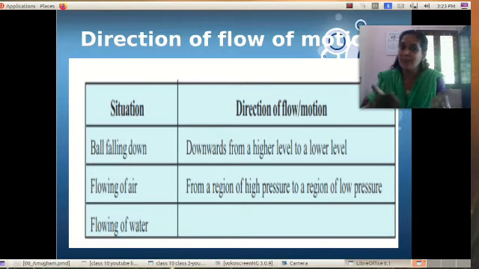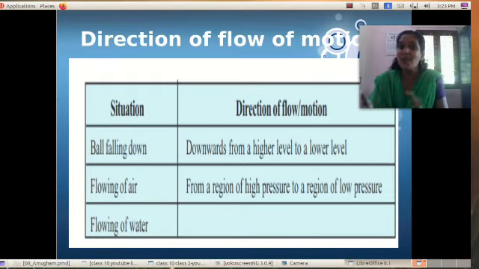When the ball falls down, it moves from a higher level to a lower level. So the direction of motion is downwards, from a higher position to a lower position.